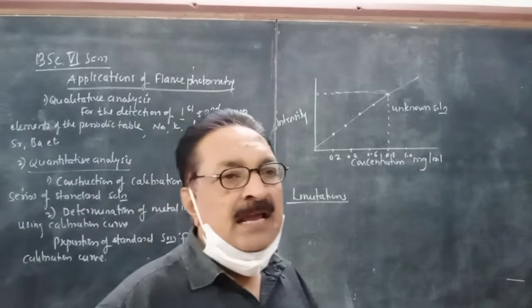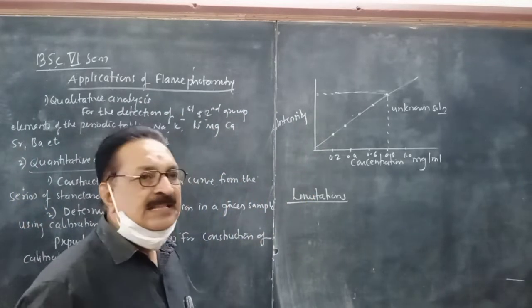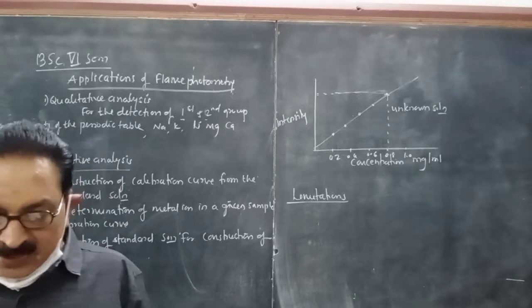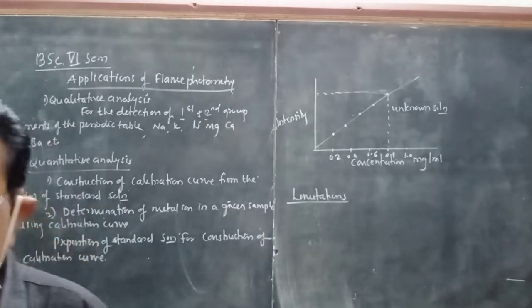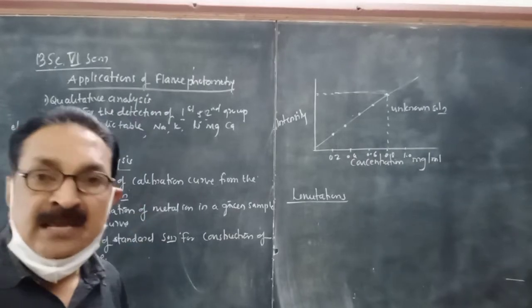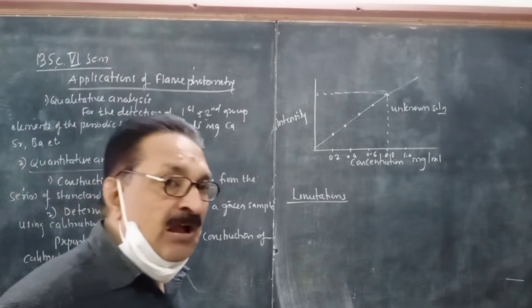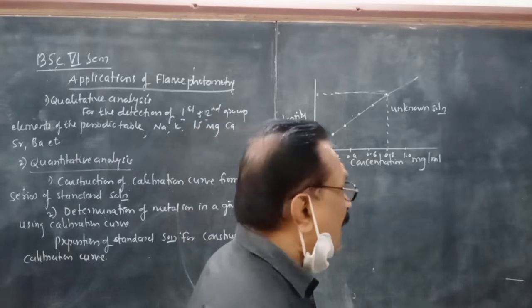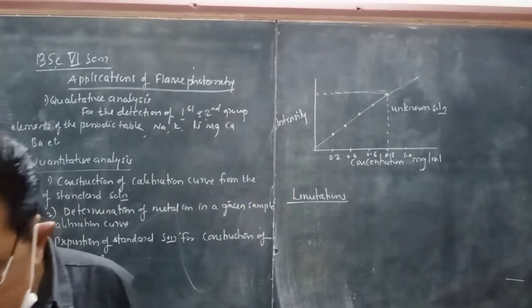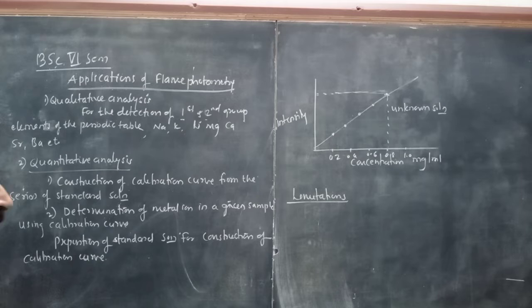Already in the inorganic qualitative analysis, we come across the flame test for so many elements. You can take the example of sodium: sodium imparts golden yellow color, calcium ions impart the red color, barium ions impart the apple green color, and potassium imparts pale yellow or lilac color.